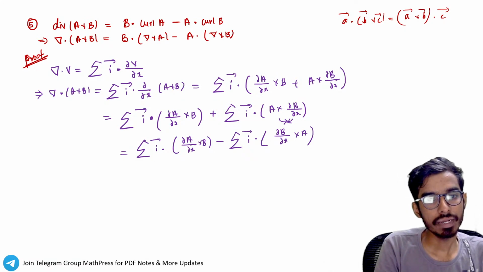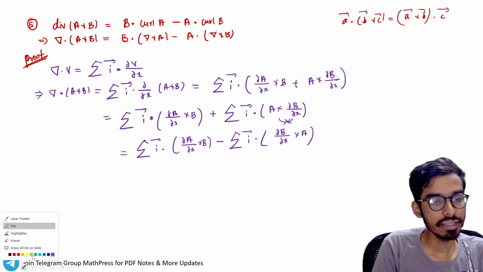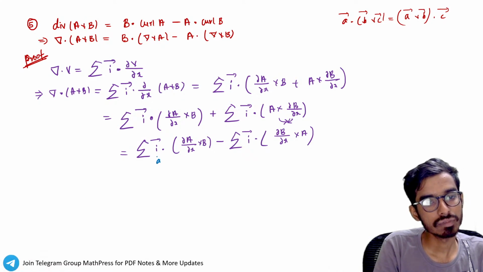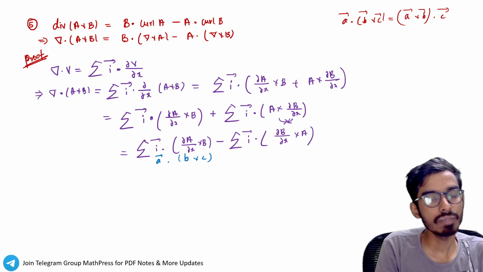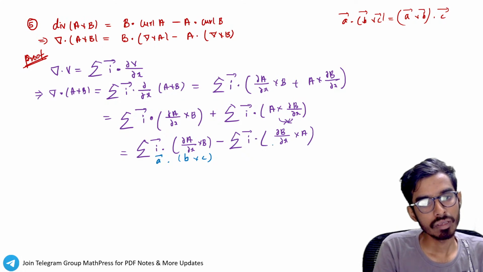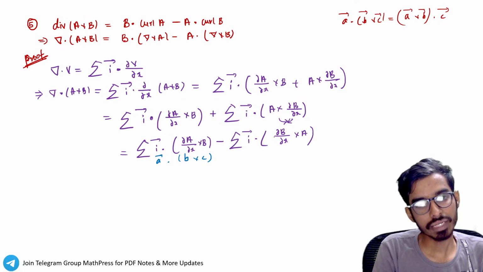Now can I use the property A dot B cross C? A and B both are vector point functions here.